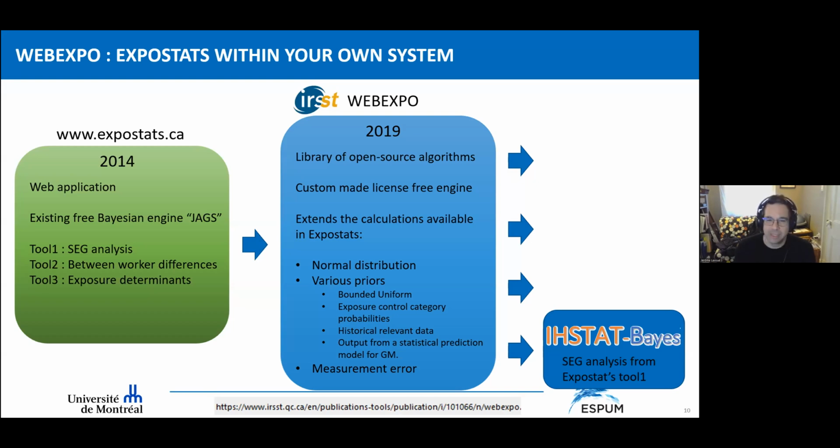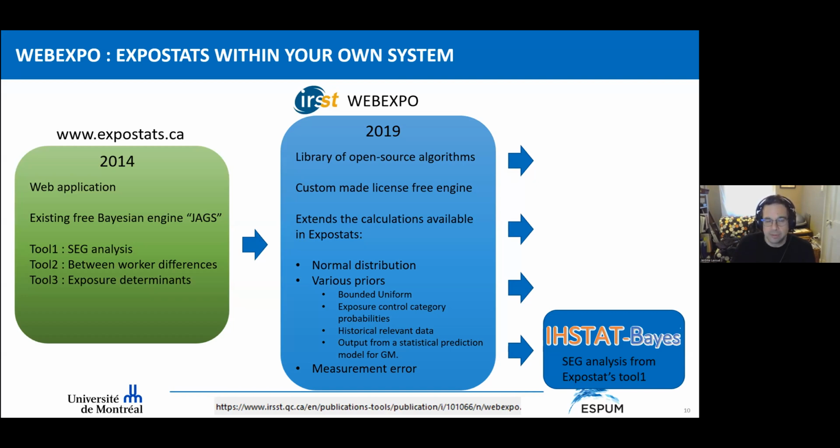We were funded basically to free ourselves from using these free engines that came with very strict licenses, so nobody can use them and try to sell them or anything like that.